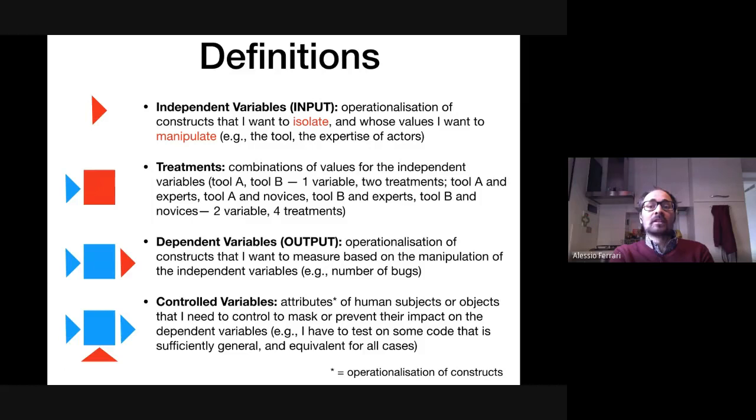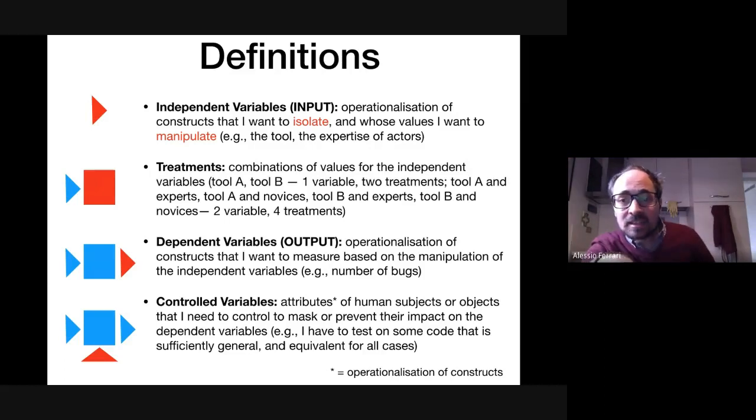Or you can have, if you want to consider also the expertise as a variable, four treatments, because you need to experiment with tool A and experts, tool A and novices, tool B and experts, tool B and novices. So you have two variables and four treatments. So you see that your design can easily get complicated. When you have just the tools and one variable, you just run the experiment and compare between two elements.